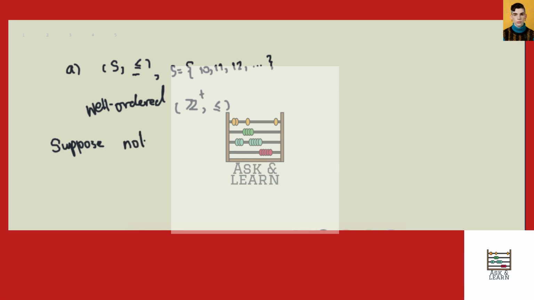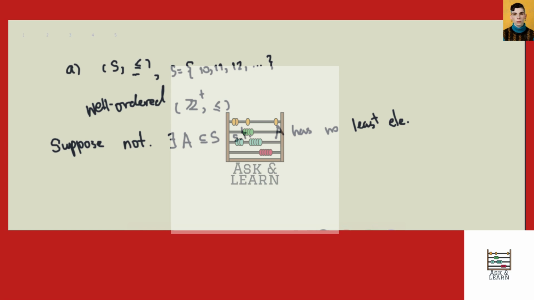Suppose it's not well ordered. Then there exists at least one subset, we'll call it A, such that A has no least element, right?